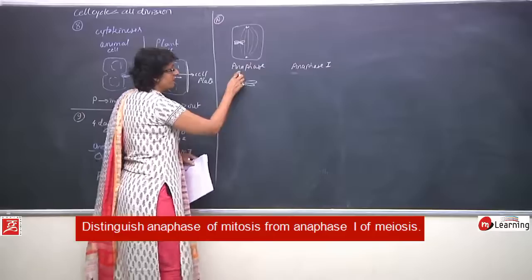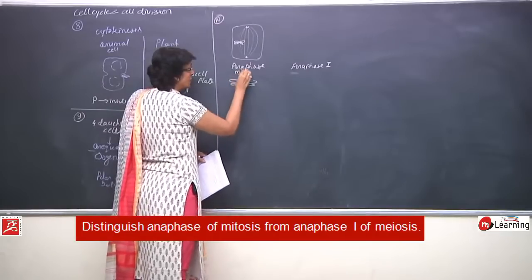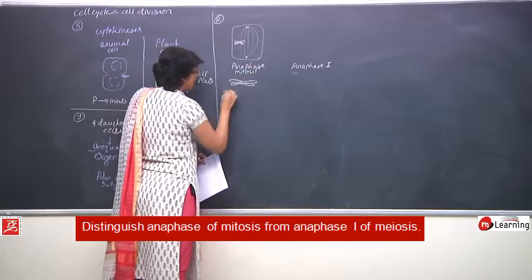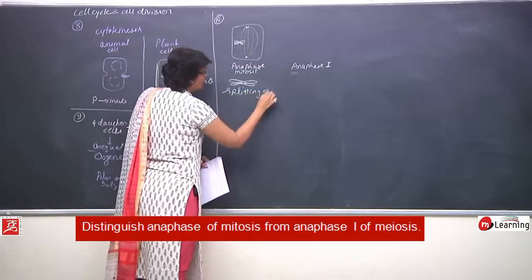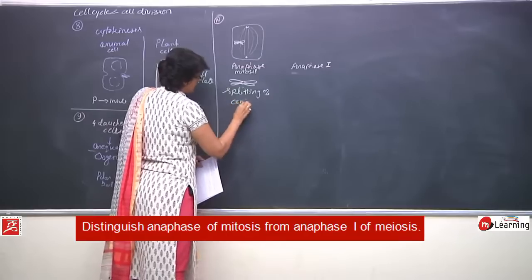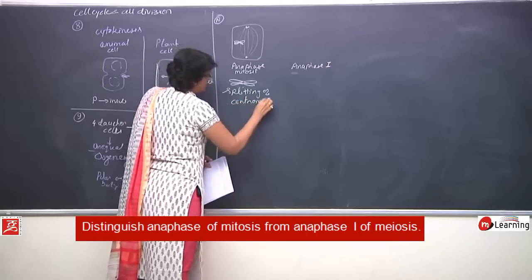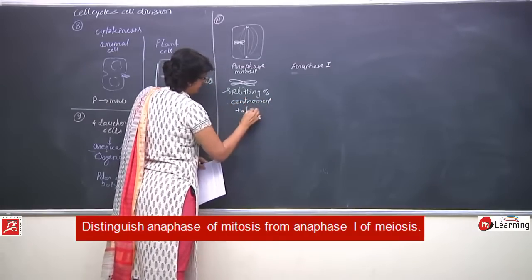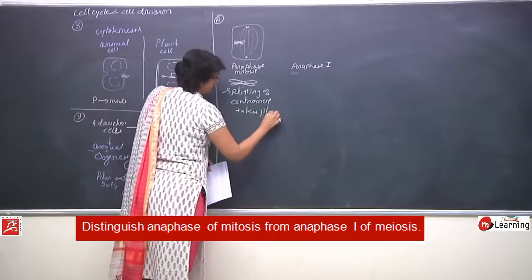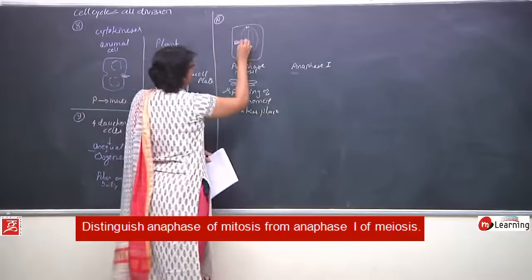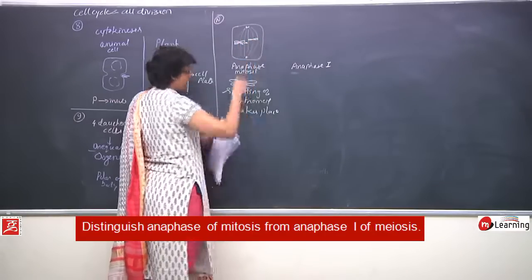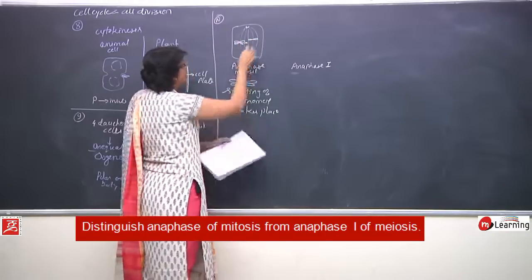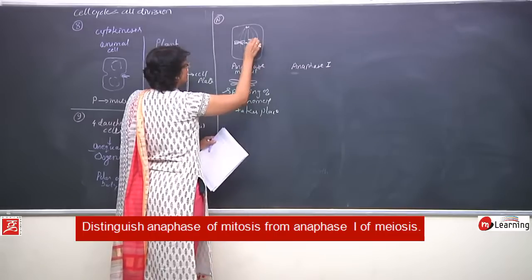So, in metaphase of mitosis, splitting of centromere takes place. So, here after this, the next stage would be one chromosome going here and its copy going here.